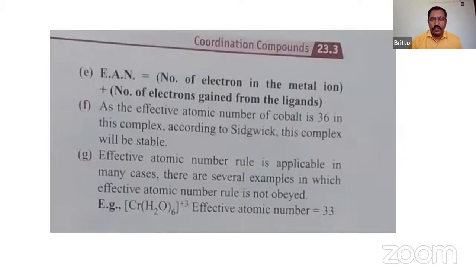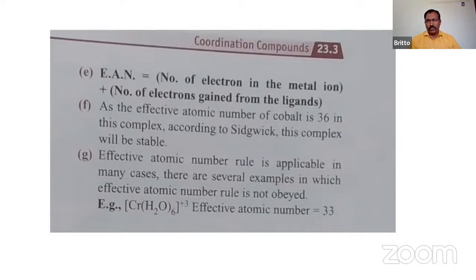Okay, so another one which I did not discuss before is a term called effective atomic number. What is this effective atomic number? When the metals form complexes, what is the reason?